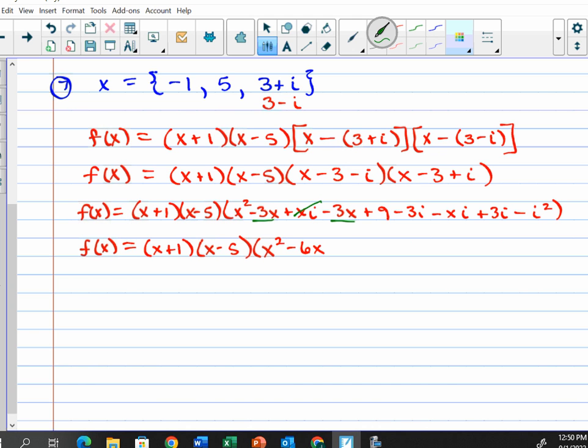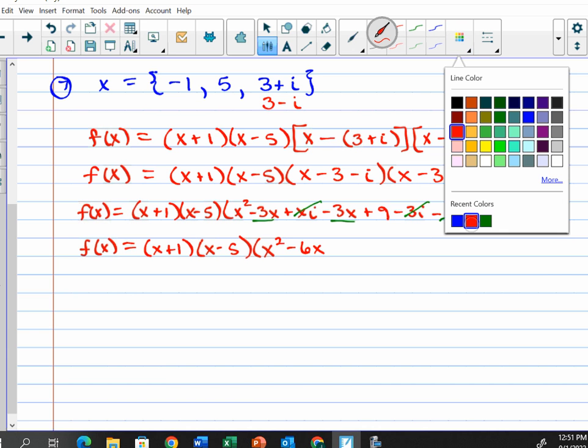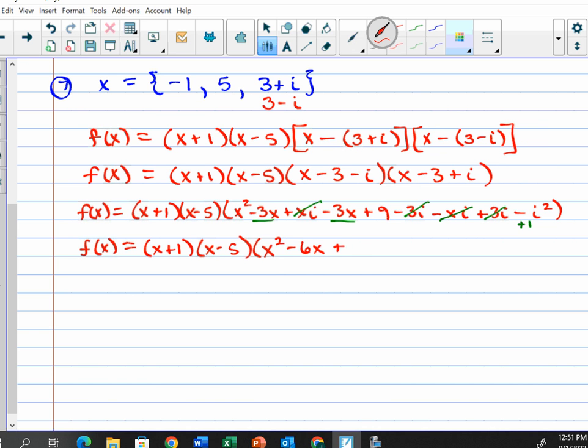The xi's cancel out. Anything else? Yep. Okay. And what is minus i squared actually equal to? Plus 1. Okay. So plus 10 at the end. And you're done. It's a little nicer looking.